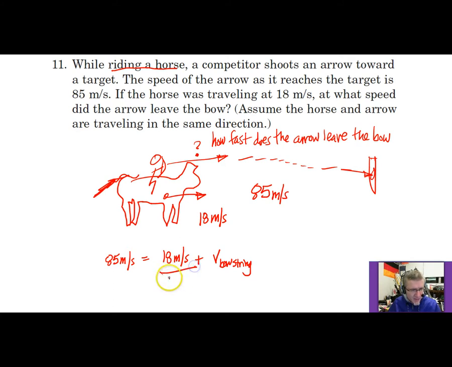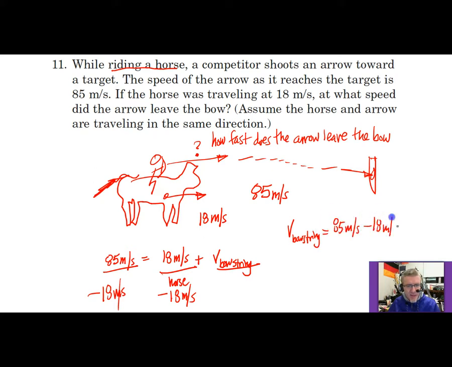Speed of the horse plus speed of the bowstring equals the speed the arrow has when it leaves us and when it hits the target. You know, assume it doesn't go up in the air and come back down again a little faster because of gravity. But anyway, this means that the V of the bowstring, you've got to subtract 18 from both sides. That means the velocity of the bowstring, or how fast the arrow left the bow, is 85 meters per second minus 18 meters per second.